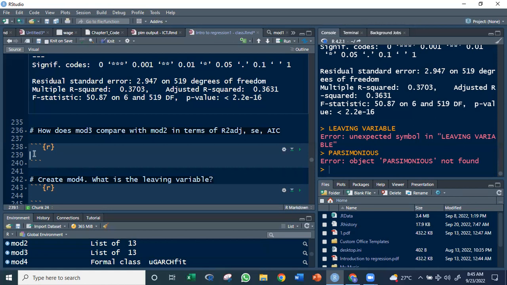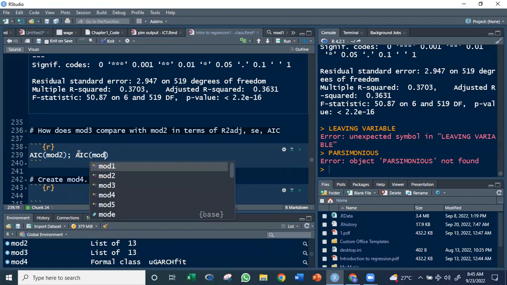Okay, so let's see. Compare natin AIC na lang, no? AIC. Okay, AIC. Model 2. AIC. Model 3.